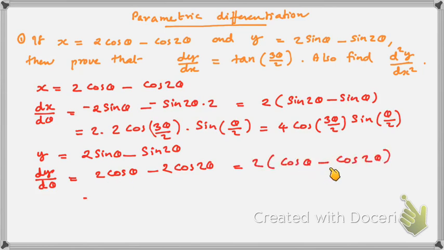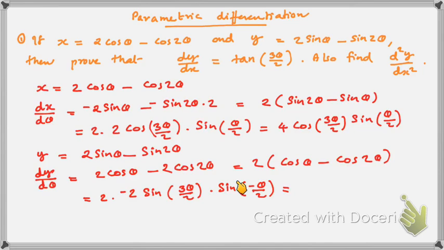So 2 into, you will get cos theta minus cos 2 theta, which looks like cos A minus cos B. And what is cos A minus cos B? Cos A minus cos B is minus 2 sin A plus B by 2 into sin A minus B by 2. Of course this 2 outside, I will copy that first, and cos A minus cos B is minus 2 sin A plus B by 2, theta plus 2 theta by 2, which is 3 theta by 2, into sin A minus B by 2, theta minus 2 theta by 2, which is minus theta by 2.